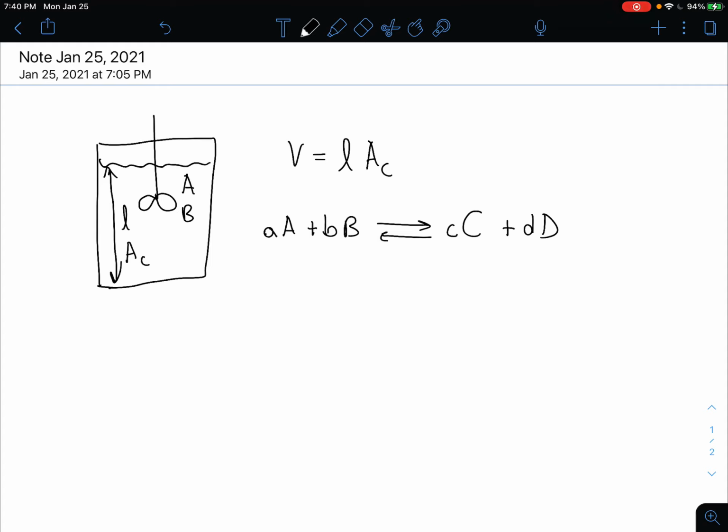In other words, a molecules of A collide with b molecules of B to produce c molecules of C and d molecules of D.